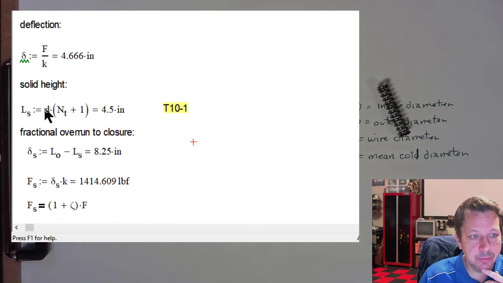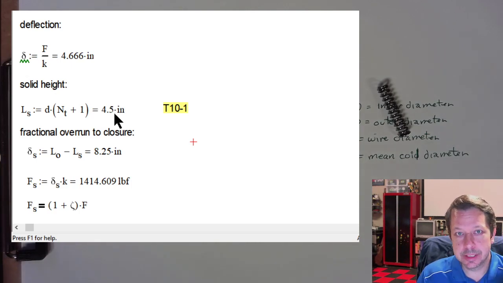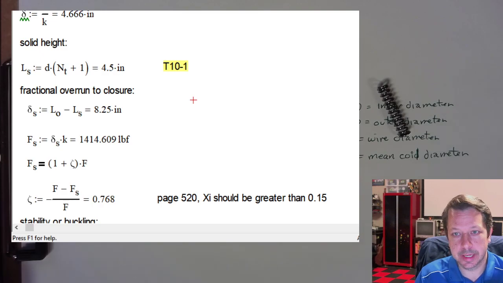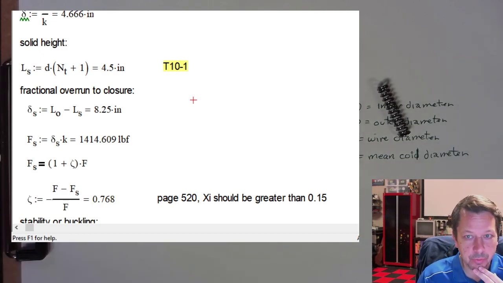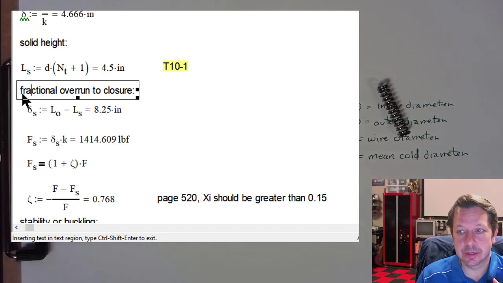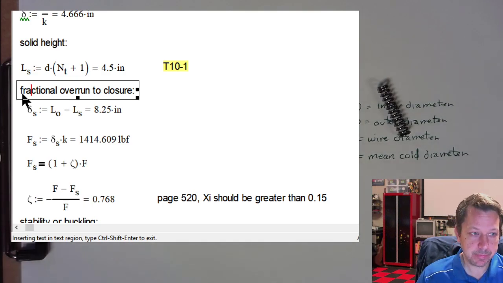All right, so we squish the spring all the way solid, and this would be the height. Now, chances are it's going to take a lot of force to do that. In fact, right here, we're calculating what's called the fractional overrun to closure. So this is basically how much percent squish do you have left under normal operating conditions in your spring.